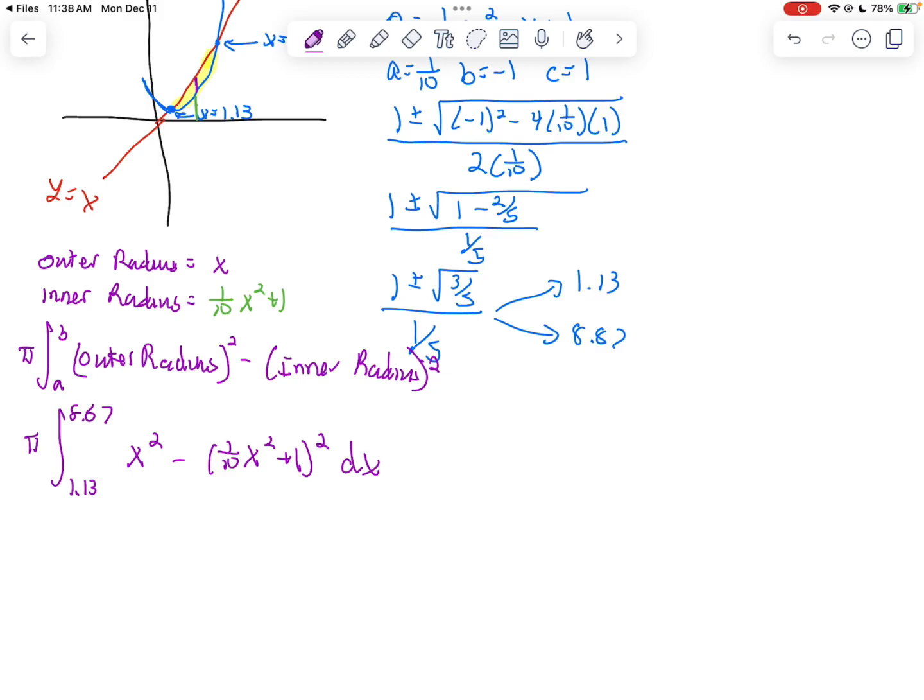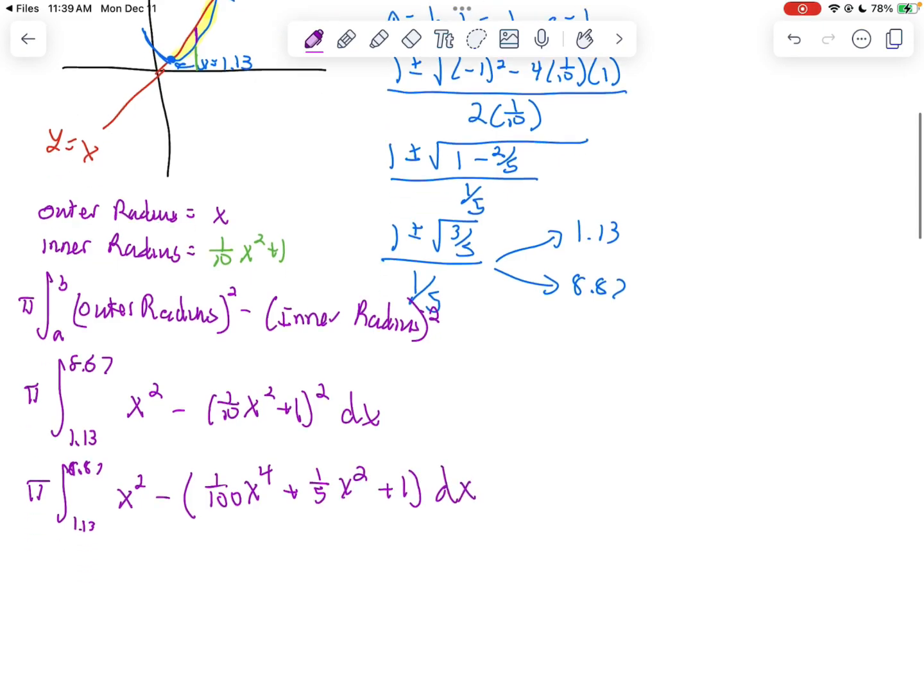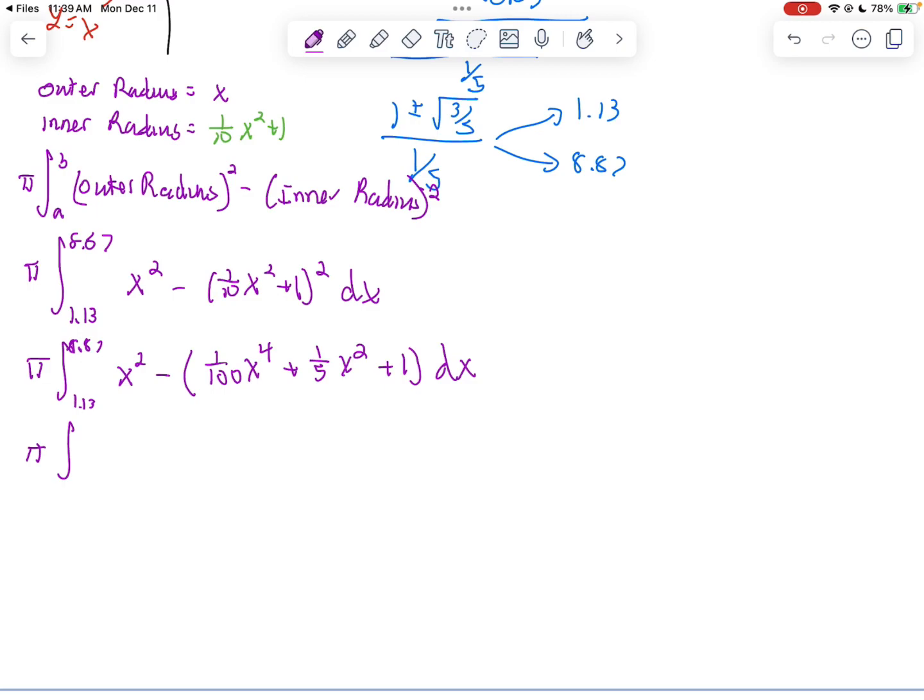Now we're going to do some algebra before we integrate, because you want to simplify your integrals as much as possible before you integrate. So I'll start by using my foil method, taking 1/10 x squared plus 1 times 1/10 x squared plus 1 to give me 1 over 100 x to the 4th plus 1/5 x squared plus 1. Now I have some common terms I want to combine.